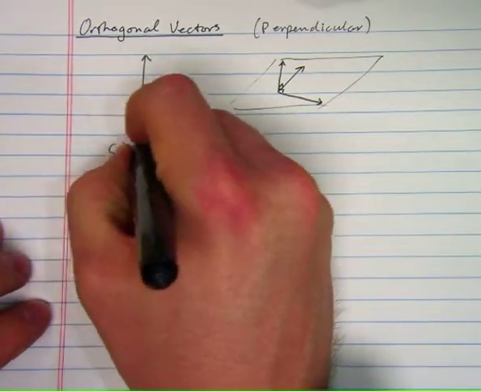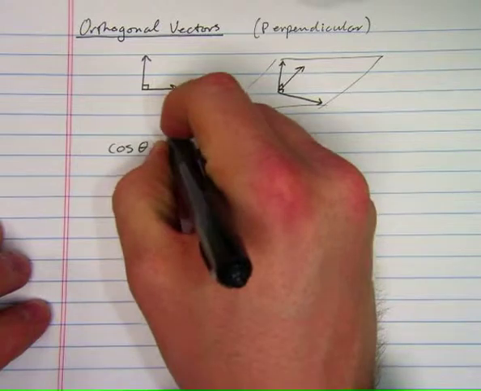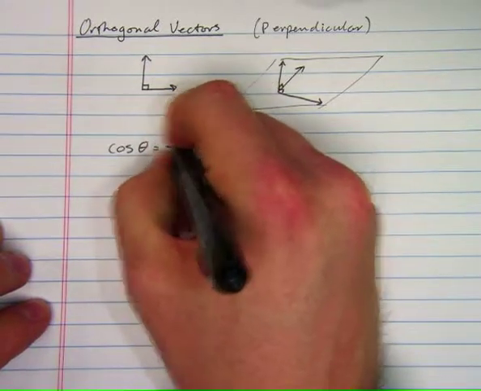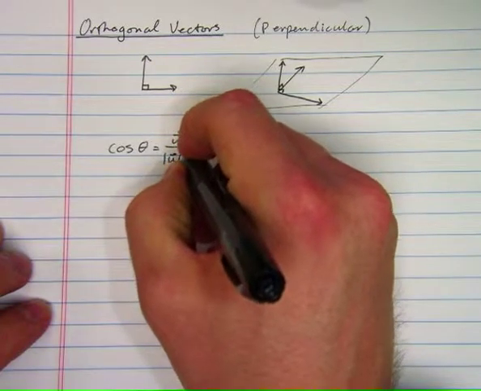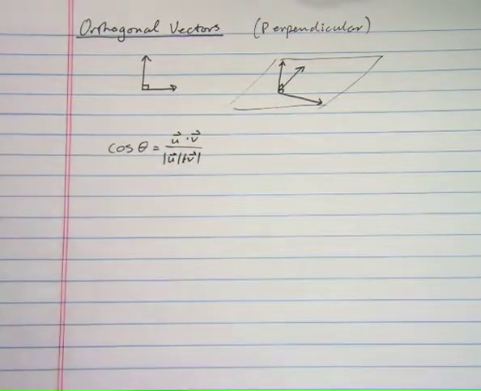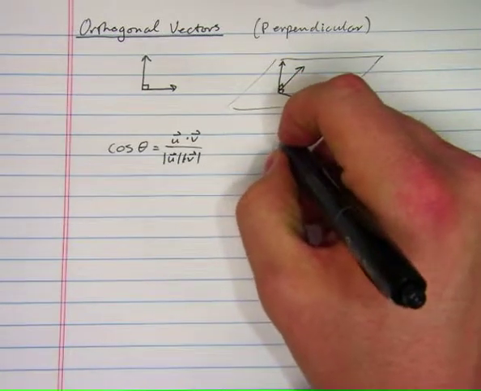If I take this formula, this is what we were just using to find the angle between 2 vectors. Now, what if I took these 2 vectors here?